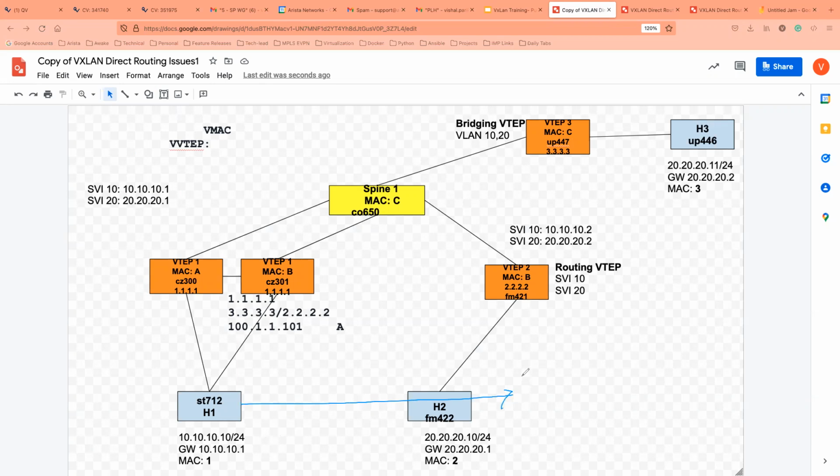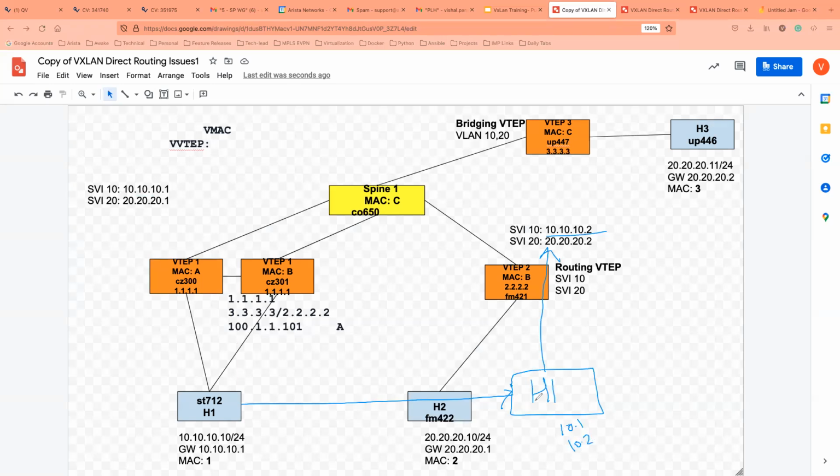Let's say we move H1 to here, and the gateway was 10.1, but the first hop gateway is 10.2, so we might need to change the gateway, correct?